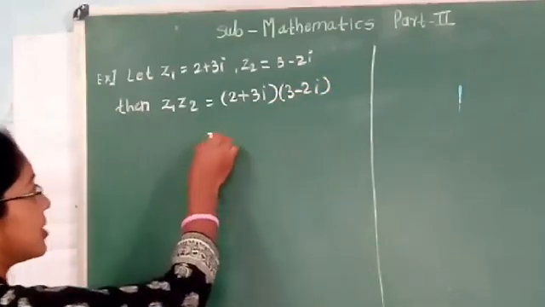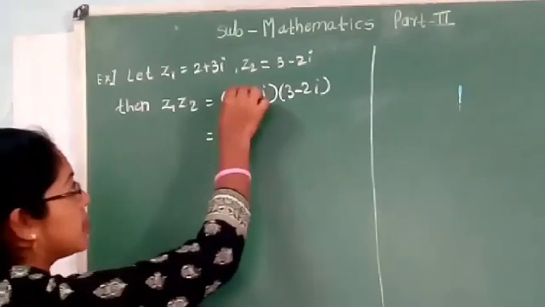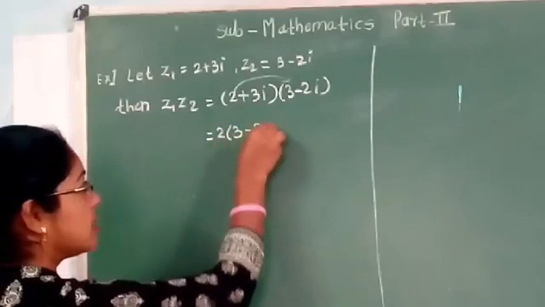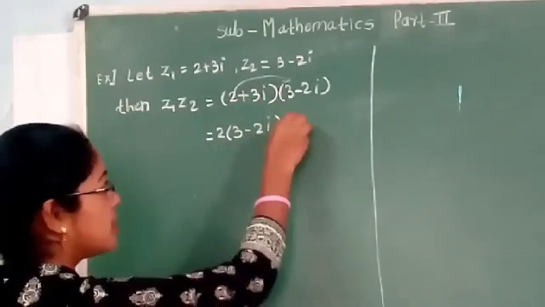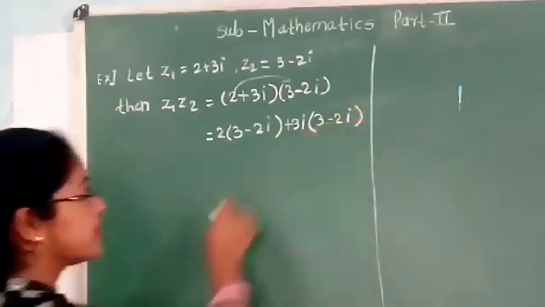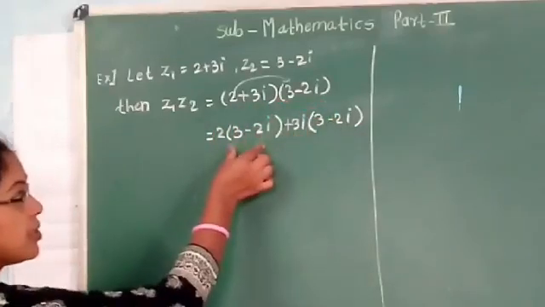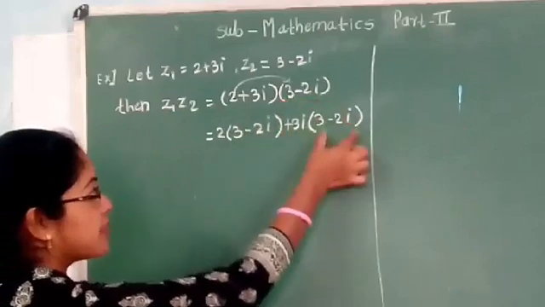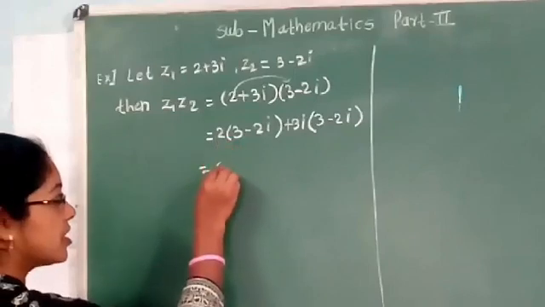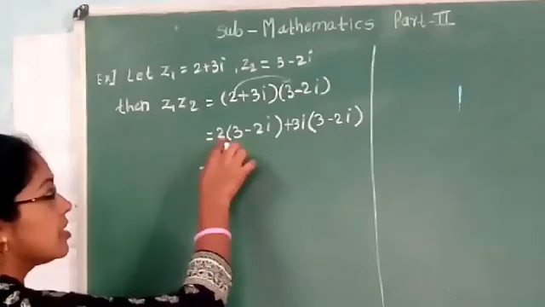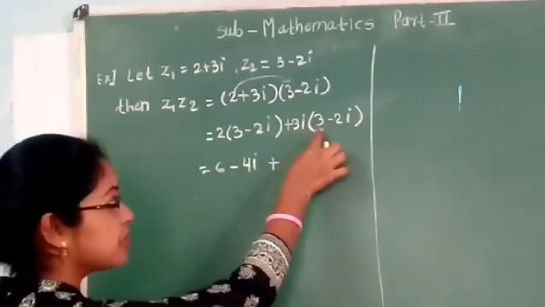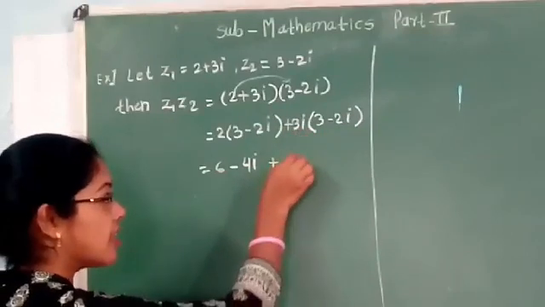Now what is the multiplication of these two complex numbers? We multiply 2 by the whole bracket. 2 into 3 minus 2i, then plus 3i into 3 minus 2i, is equal to 2 into 3 is 6, minus 2 into 2i is 4i, then plus 3i into 3 is 9i.